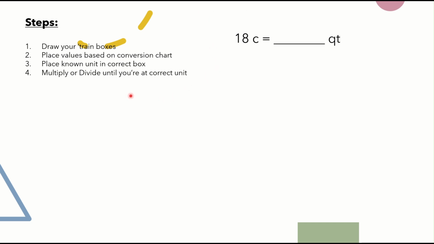Let's look at number 2. My first step is to draw my boxes. We know we're going from cups to quarts. So again, I would use the information from my conversion chart to determine how many boxes I need.